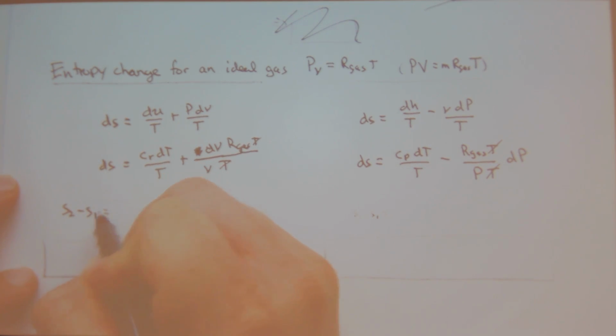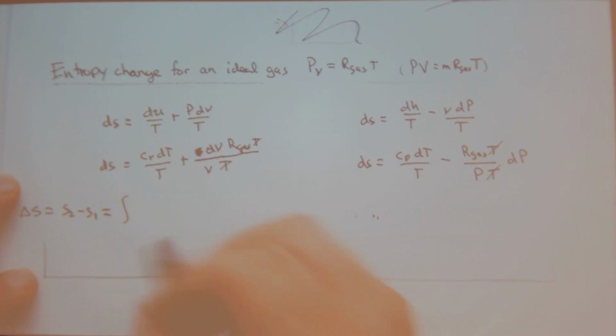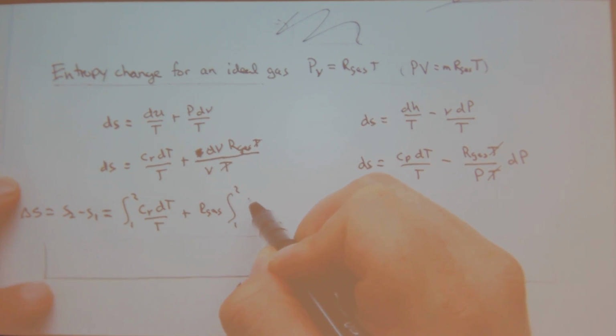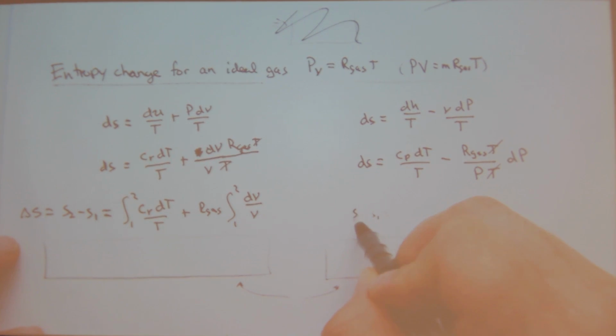So when I do this integral, I can write the total change, my delta S, as the integral from 1 to 2 CV dT over T plus R gas times the integral from 1 to 2 dV over V. Same thing, S2 minus S1 is equal to the integral Cp dT over T from 1 to 2 minus R gas times the integral from 1 to 2 dP over P.